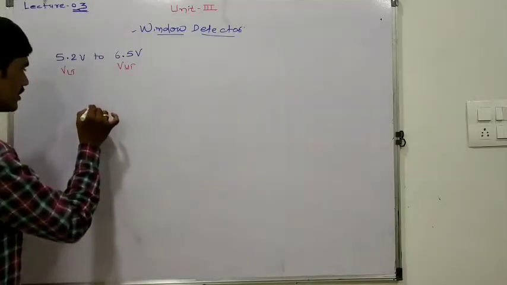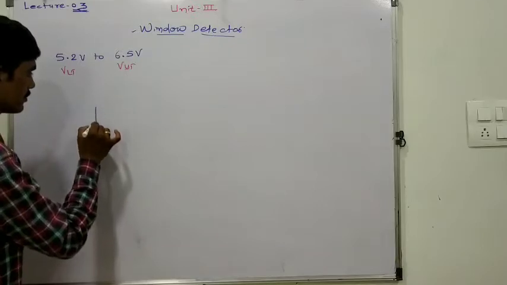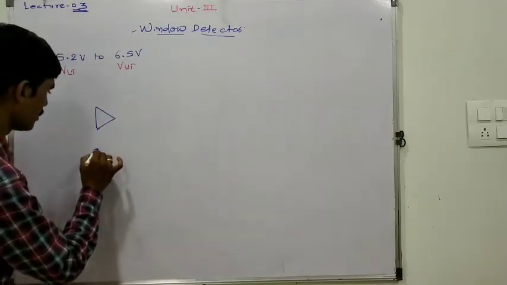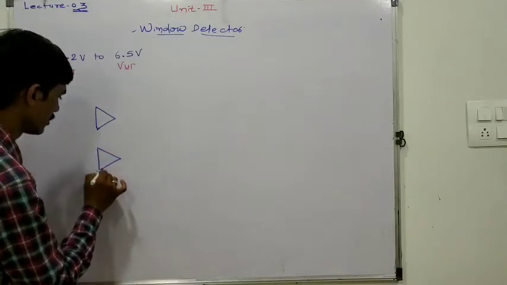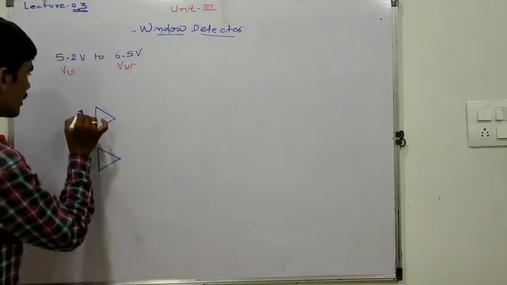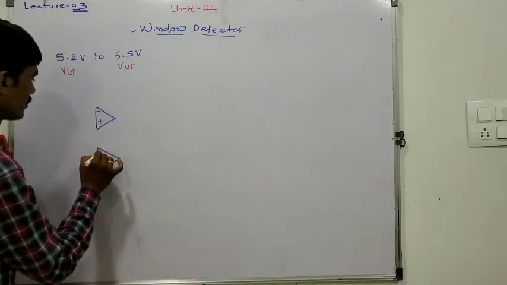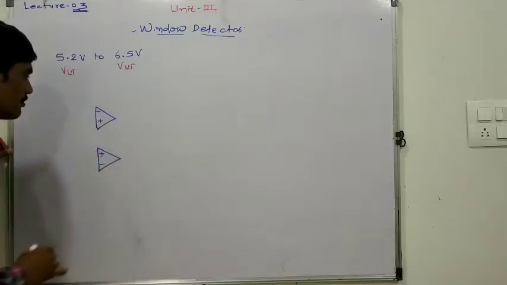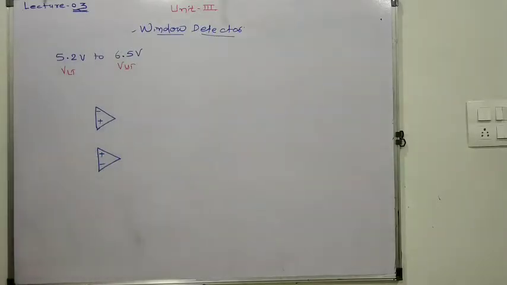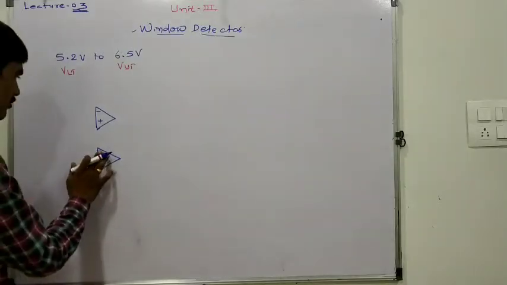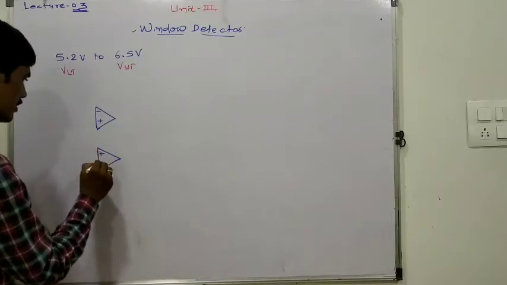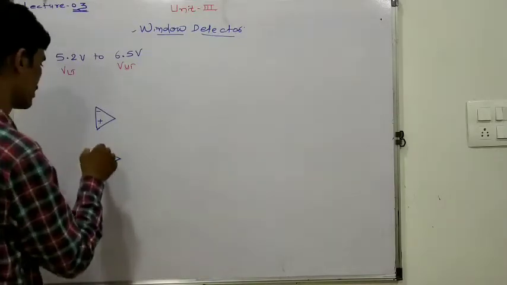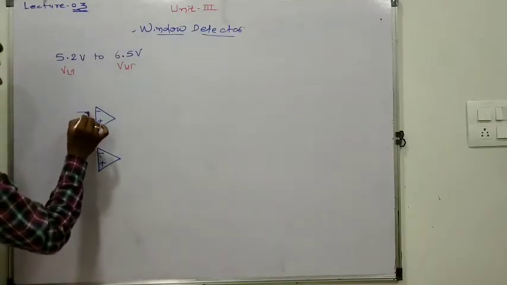So for this circuit, there is a combination of inverting and non-inverting operational amplifier. We can write this as plus, this as minus. We follow one notation, that is minus plus minus plus.